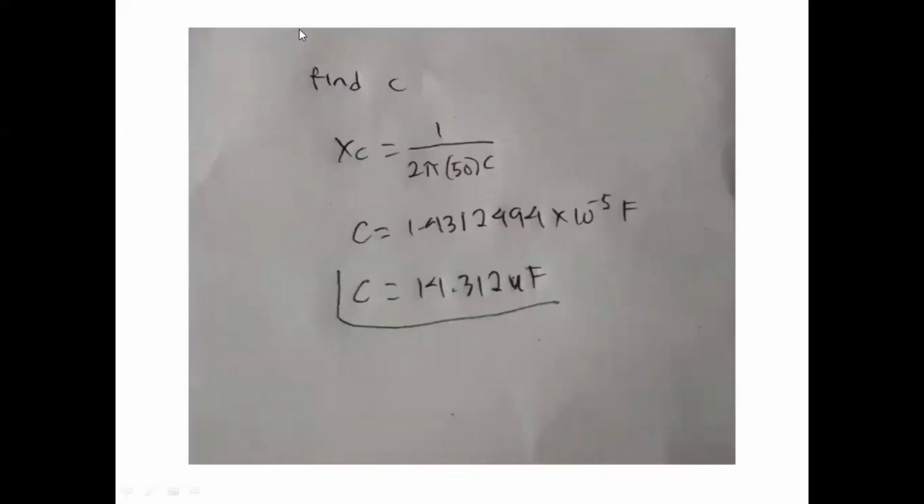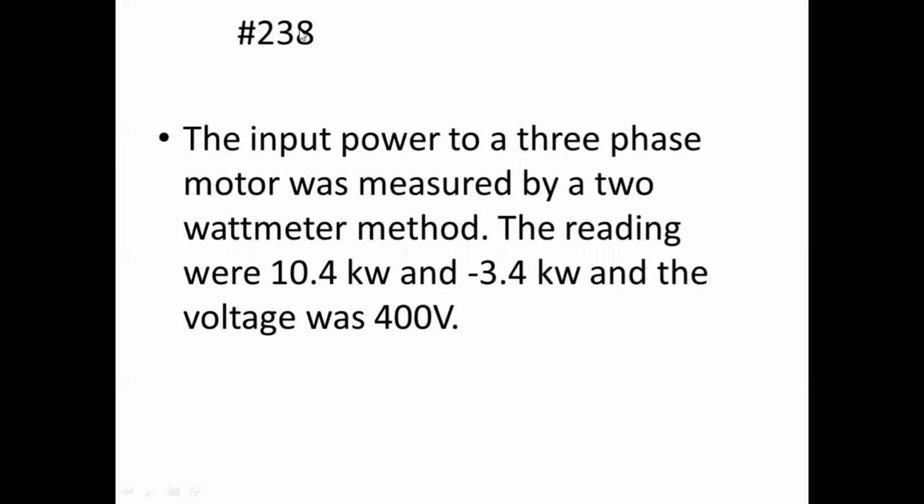Next is to find the C. XC is equal to 1 over 2 pi times 50 times C. C equals 1.4312494 times 10 raised to the negative 5. Then C equals 14.312 microfarads.